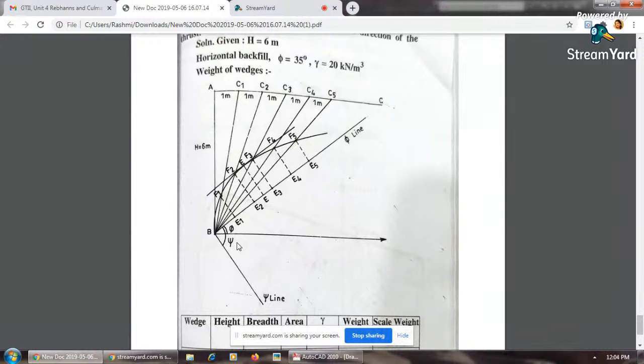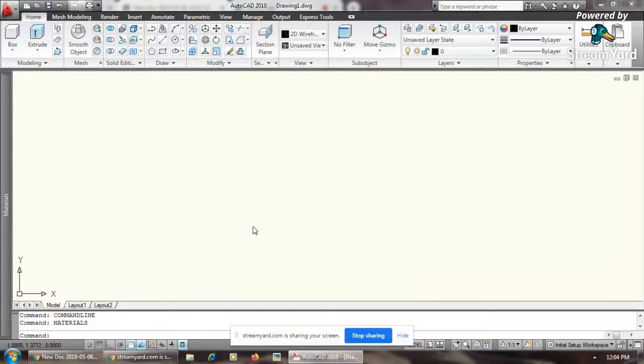So let us draw the graph. You have to take a simple graph paper. Here I will draw in AutoCAD, but you have to draw on simple graph paper. I have taken a horizontal line for marking the angle.